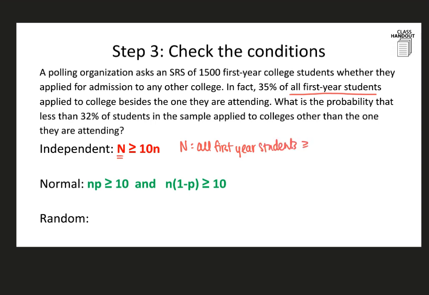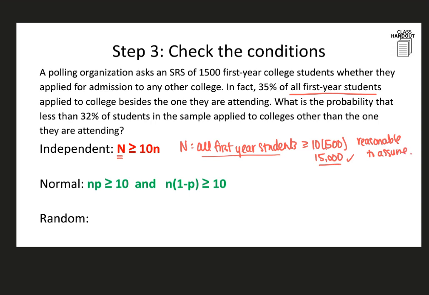Is it greater than or equal to 10 times our sample, which is going to be 15,000? So we have to ask ourselves, is it reasonable to assume that there are more than 15,000 first-year college students, since that's what this inequality is saying? I think that's reasonable to assume, so we're going to write reasonable to assume.